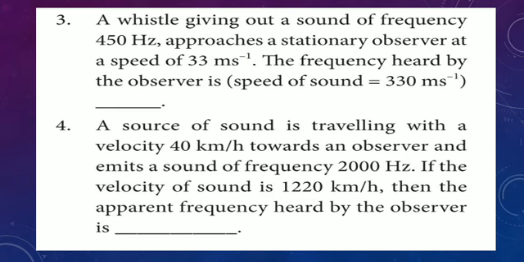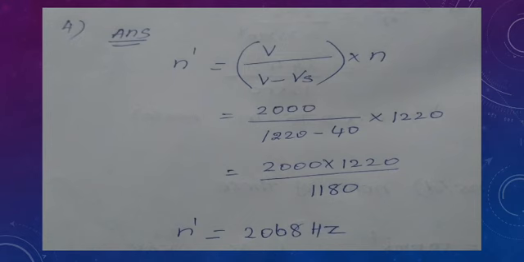What is the answer? See this. The condition for this one, frequency heard by the observer. Therefore, the formula is n dash is equal to v divided by v minus vs, into n.